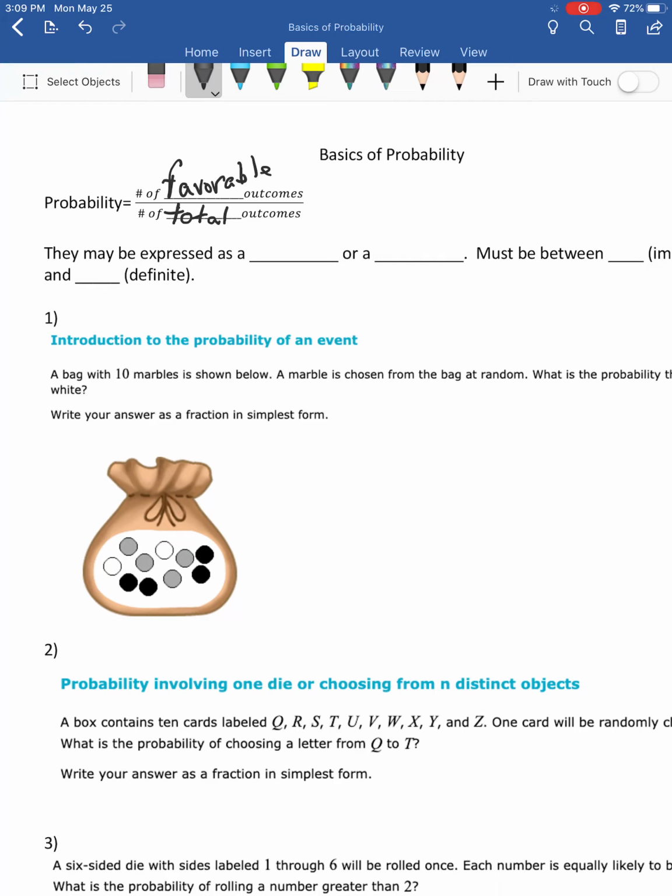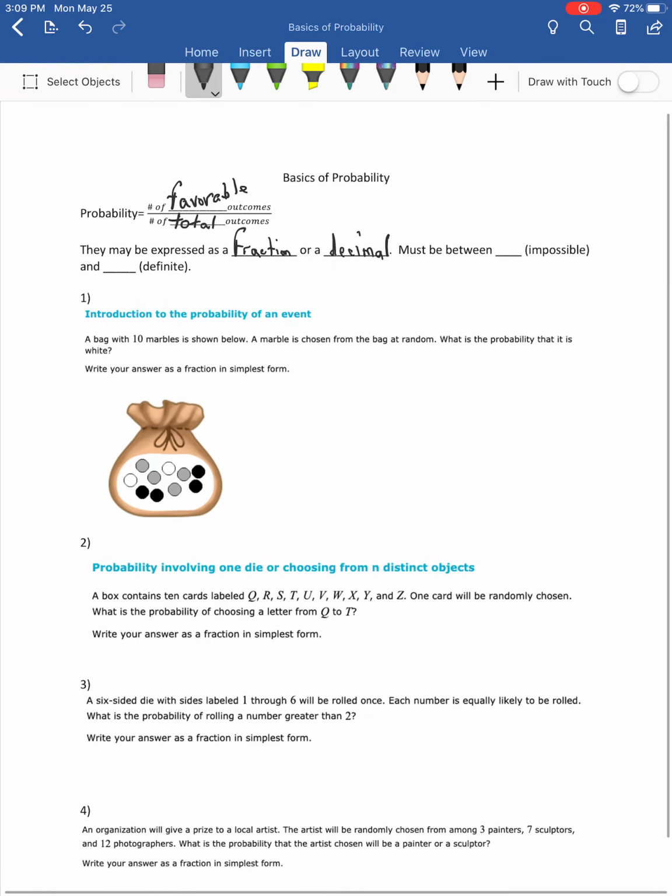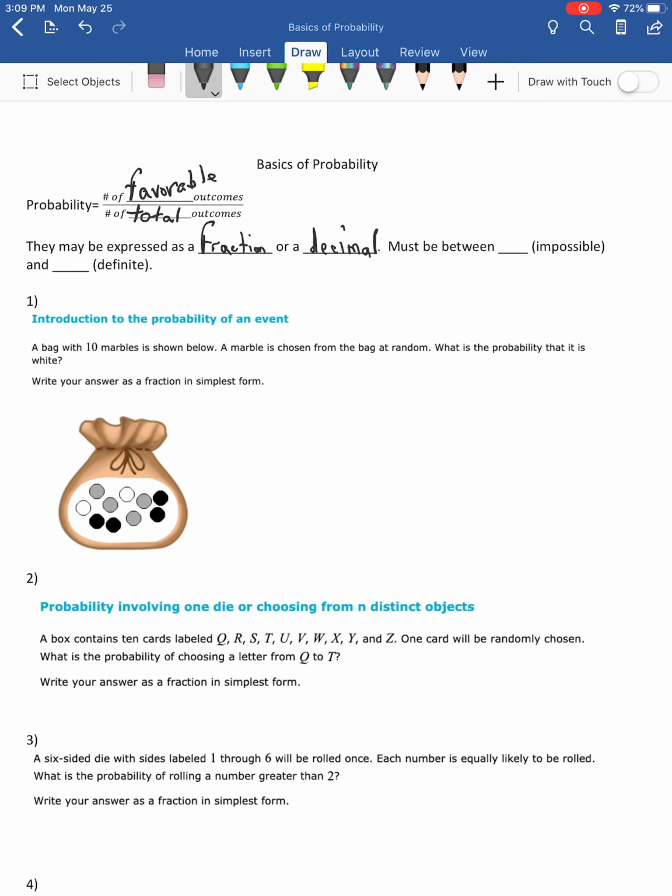All right. What you should also remember about probability is that it can be expressed as a fraction or a decimal. Okay. And probabilities must be between 0 and 1. Okay. So if an event has a probability of 0, it means it's impossible.